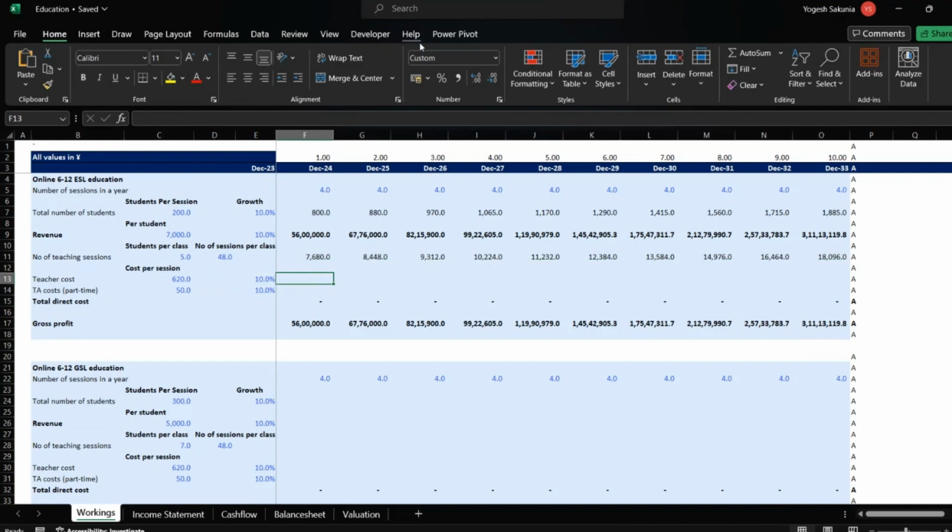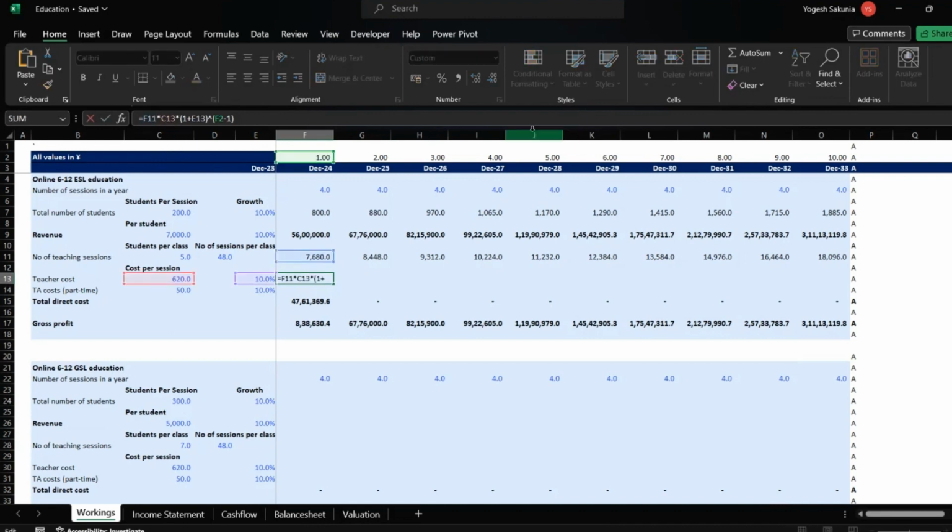So number of sessions multiplied by the cost per session multiplied by 1 plus the growth rate, right? Power the number of years minus 1, right? So that is the cost per session.